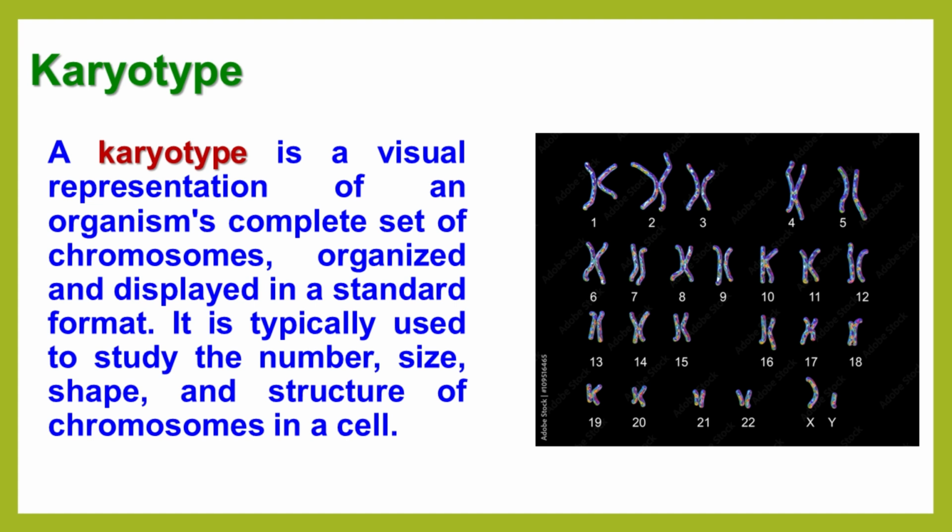In a karyotype, we arrange the chromosomes in pairs according to their size, centromere position, and banding patterns, which are made visible using specific staining techniques like Q banding, R banding, etc. The chromosomes are usually in descending order of size, with the sex chromosomes X and Y placed at the end. So the largest chromosome will be chromosome number 1, the next tallest will be number 2, and so on. And remember, in a karyotype, the microscopic image of the chromosomes is used.